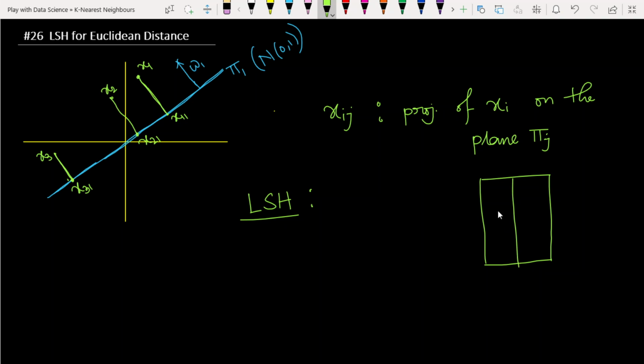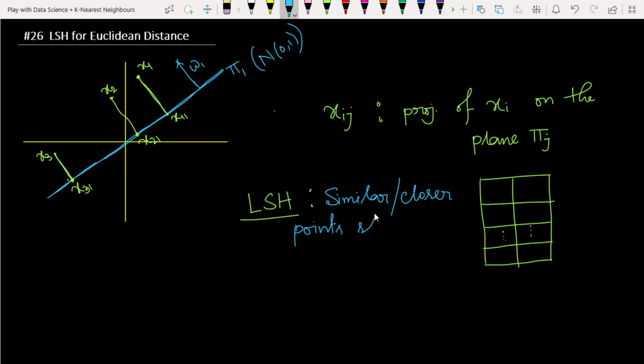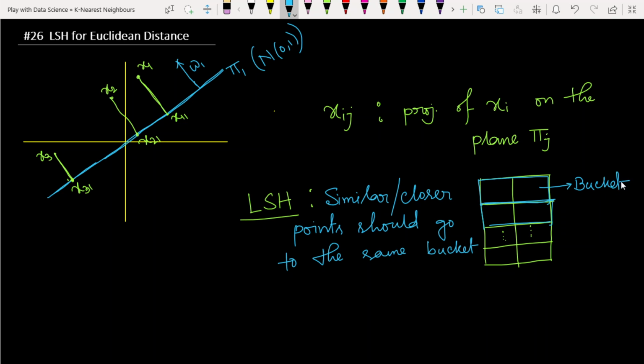This is one bucket, this is another bucket. We have already seen this.